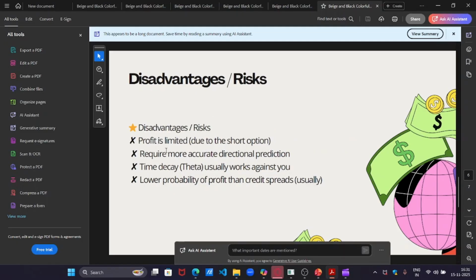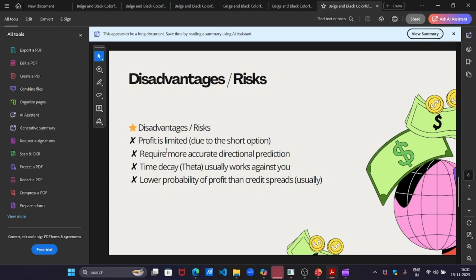Now, what are the disadvantages? The problem is that profit is limited. If you do naked buying, then you will have more profit. But here profit is limited because you have a selling leg as well, right? But you are limiting your loss as well. Here you require more accurate directional prediction.